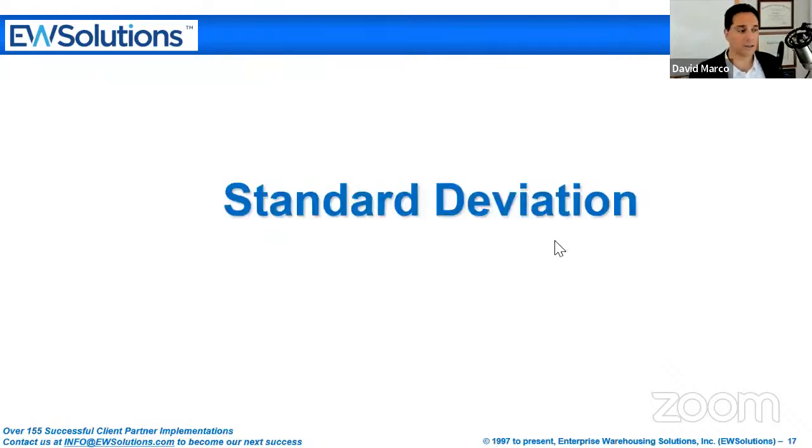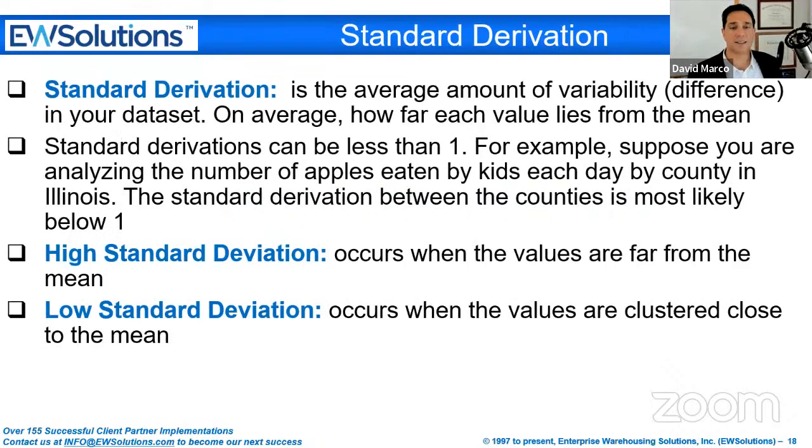Standard deviation is the average amount of variability. What does variability mean? It means difference in your data set. On average, it's how far each value lies from the mean. When you say mean, it means middle. Think middle.